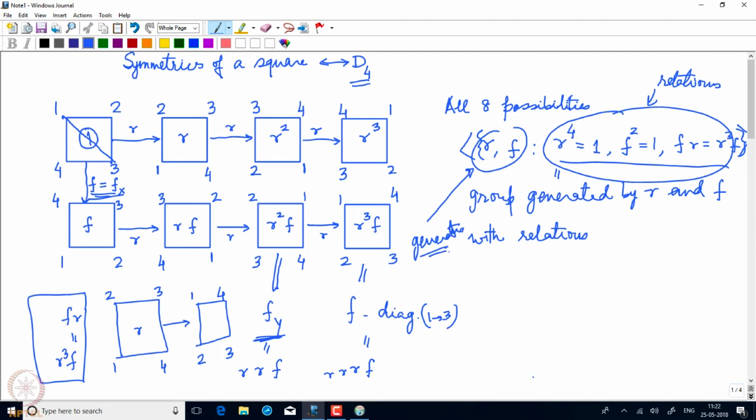Similarly, you can try to think about other generators, other relations in some other groups.